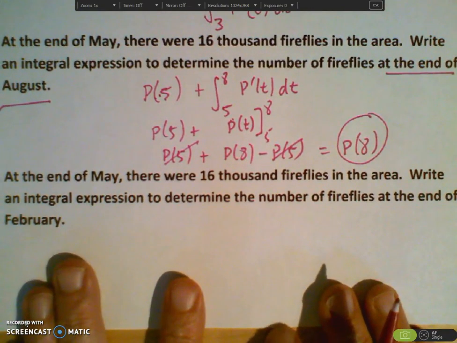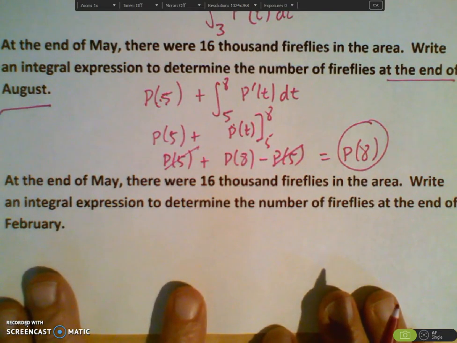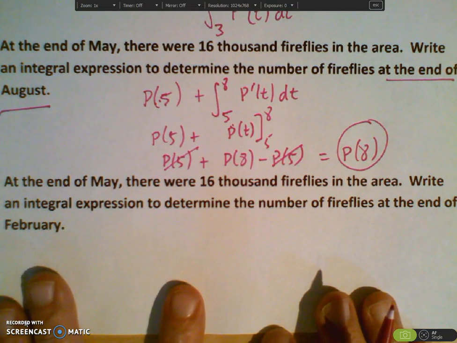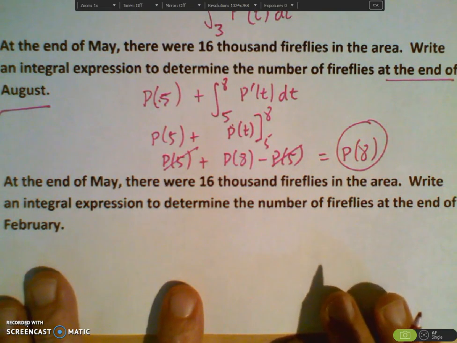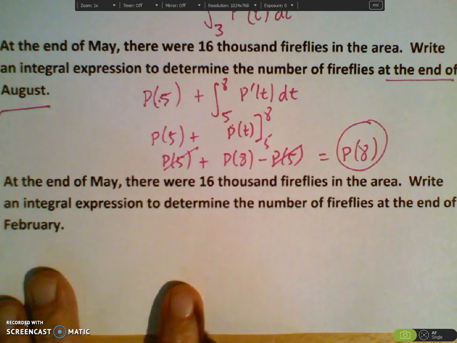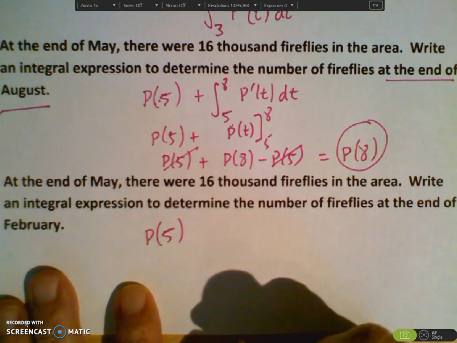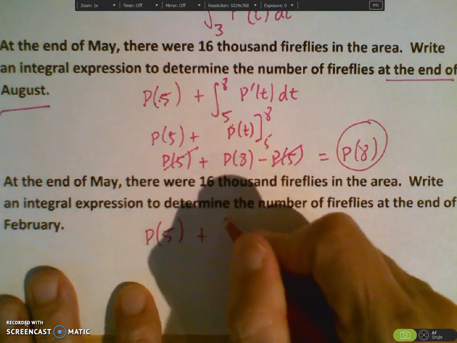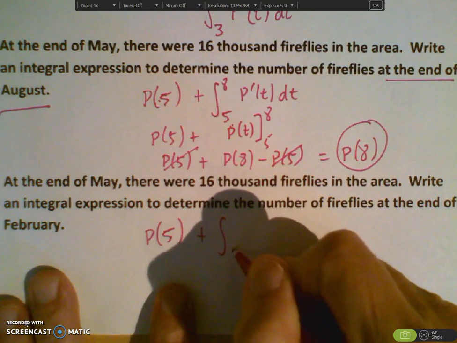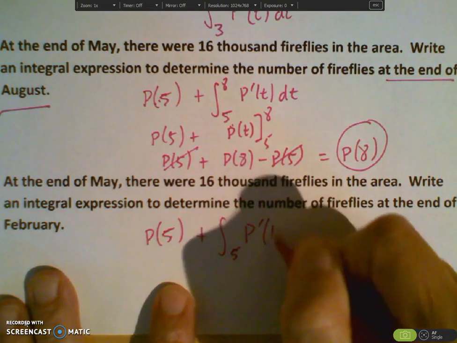Here's another problem where we're given an initial value. Again, at the end of May, there are 16,000 fireflies in the area, and we want to write an integral expression to determine the number of fireflies at the end of February. Okay. So we again have an initial population at the 5th month, plus we're going to integrate. Now remember that these need to match, so I'll put a 5 there.